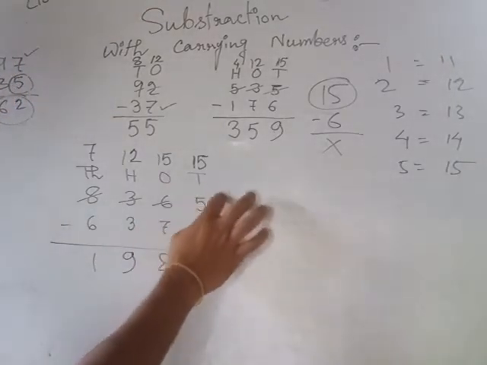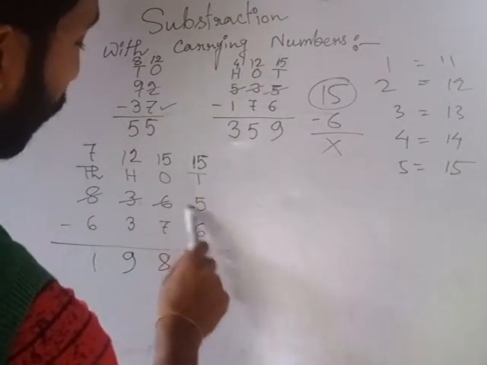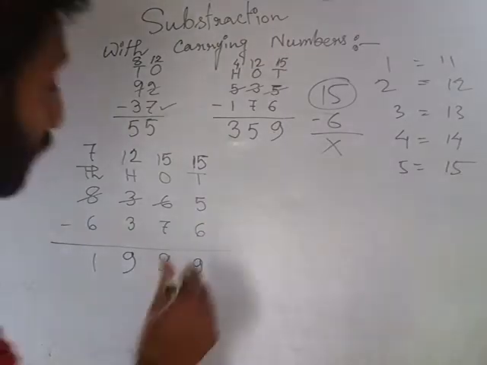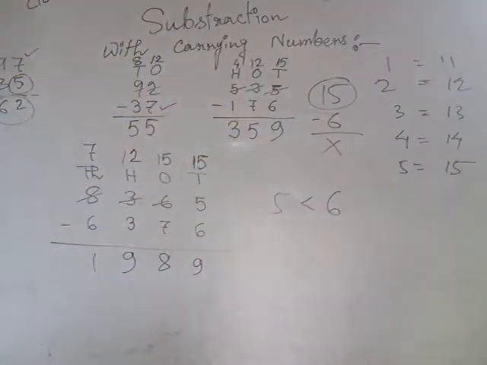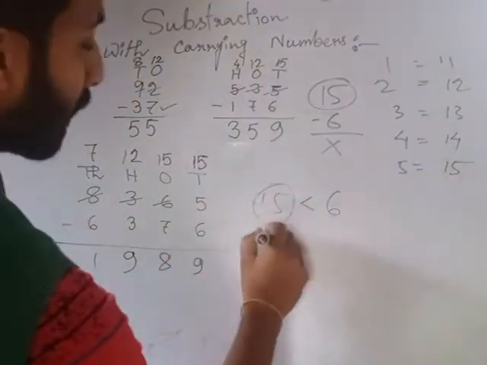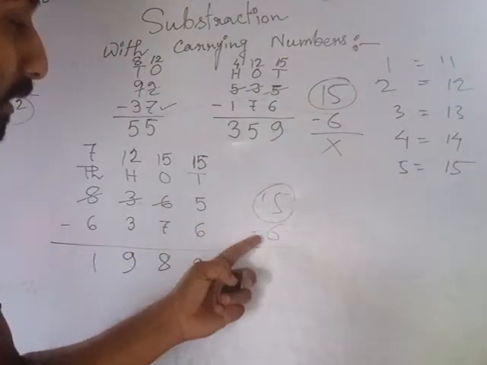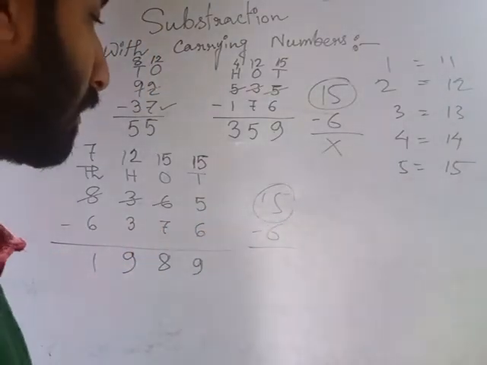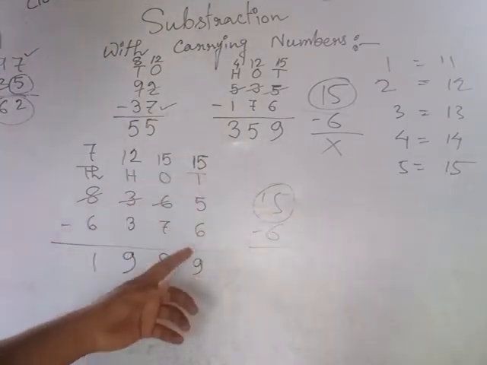It is 5. Is it possible to subtract 6 from 5? No, because 5 is smaller than 6. At that time we should take 15. If we take 5 as 15, at that time we should subtract 6 from 15. 15 minus 6, that is 9.